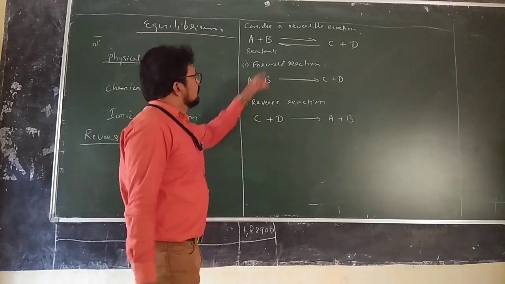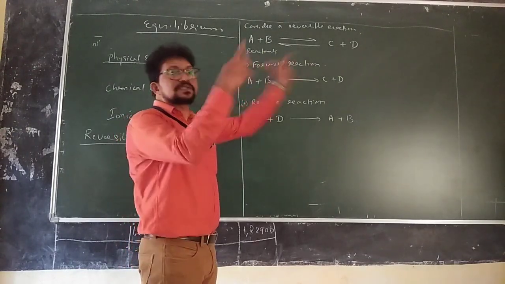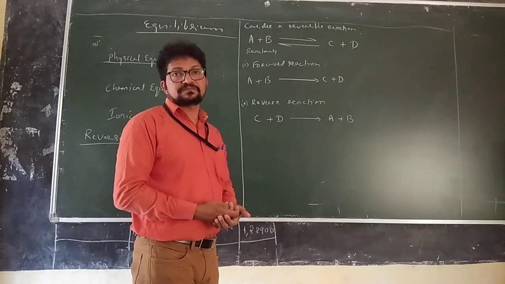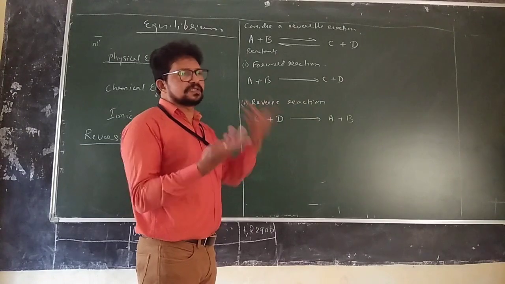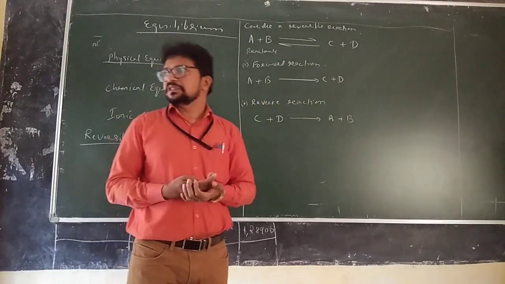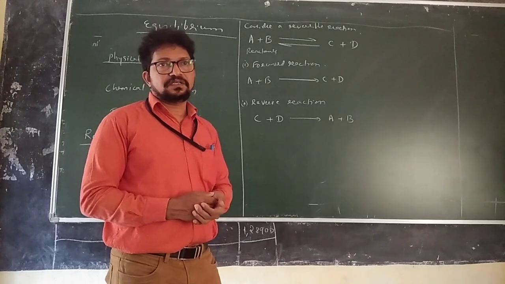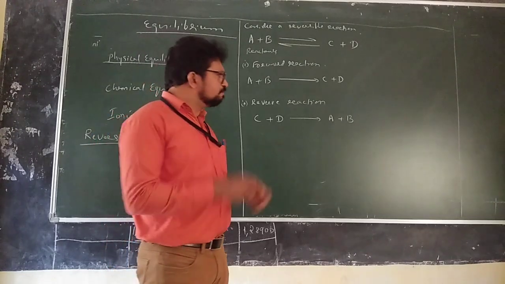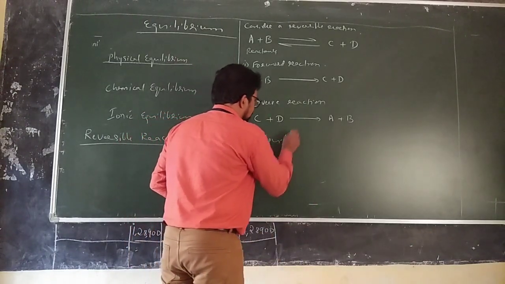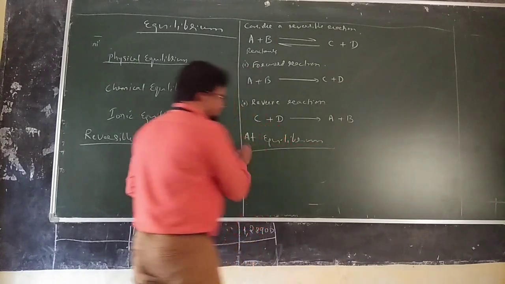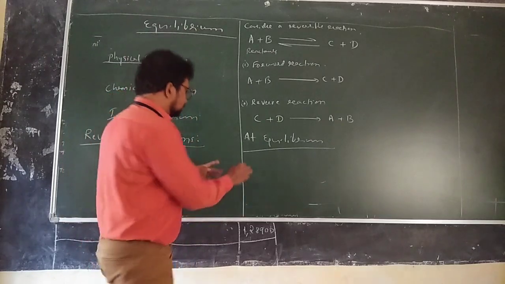Try to understand. That may be one possibility. Forward reaction is highly favorable: 90% product will be there, only a few amount of reactants. Or reverse reaction is highly favorable. There may be a reaction where 90% of reactant will be there in the vessel. But the importance is this, at equilibrium. First I will write two important phenomena, then I will explain.